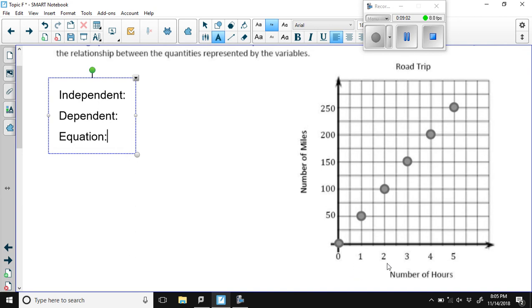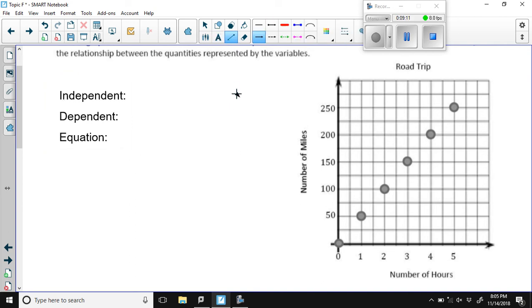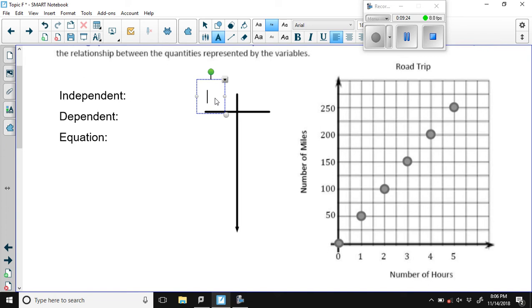So we have the hours spent on the road and miles traveled. One thing that you can do to help you see the relationship is make a little T-chart. On one side, I am going to put hours. So I'm going to use H to represent the hours, and M to represent miles traveled.